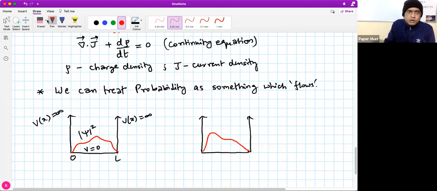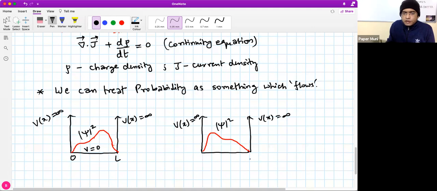Earlier the probability was higher on this side. Let me draw it so that the example is more clearly visible. Now what happens is the probability distribution changes after some time. So this is psi mod square at some later time. Now V(x) is infinity on both sides, and this is 0 to L. After some time you are observing the wave function, and the shape changes.